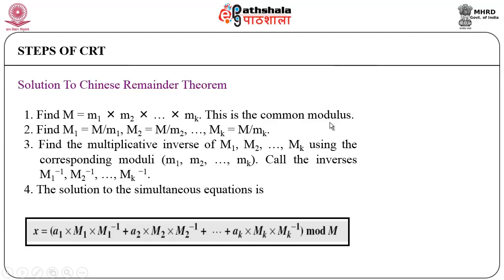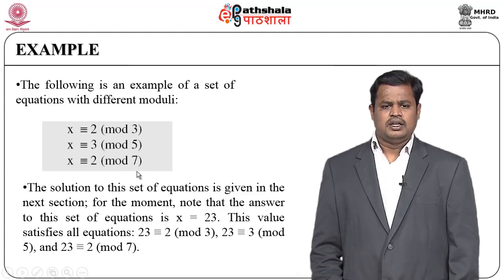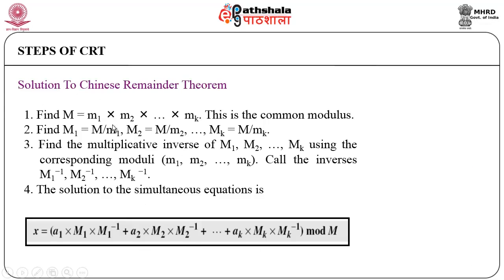According to the set of congruent equations, where we have m1, m2 and m3, in general m is equal to m1 into m2 into m3 and so on up to mk. So, the first step is to find capital M, which is the multiplication of all the moduli in the congruent equations.